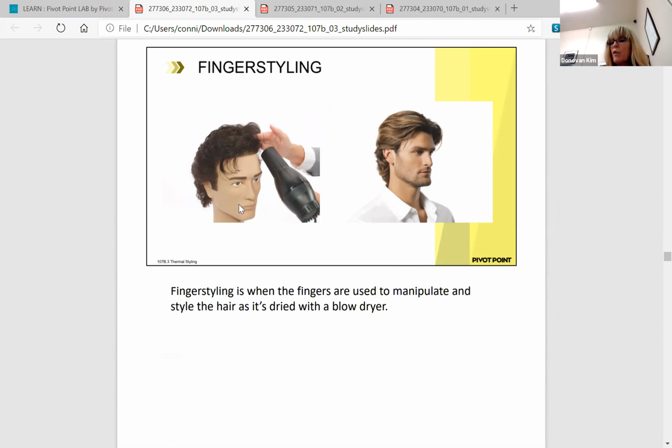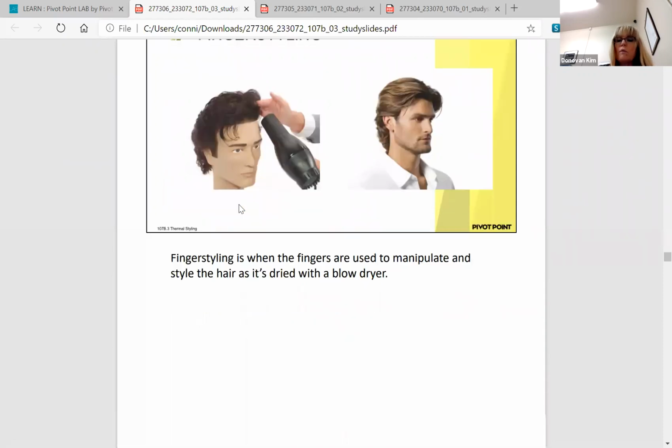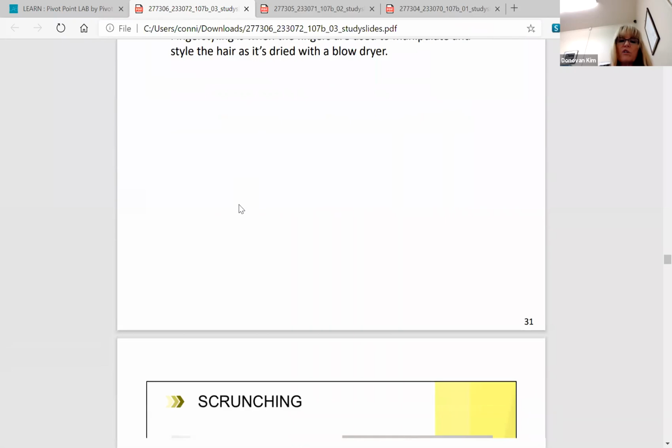You can do it with longer hair, but you have more control over the hair when it's a shorter to medium length. So the hair is lifted from the base or held flat while drying to create the desired finish. Fingers are used to separate and define the texture in the intended direction of the hair, and the airflow is aimed in the direction that you want the hair to move. So we've got to be moving that hair in that direction for sure.